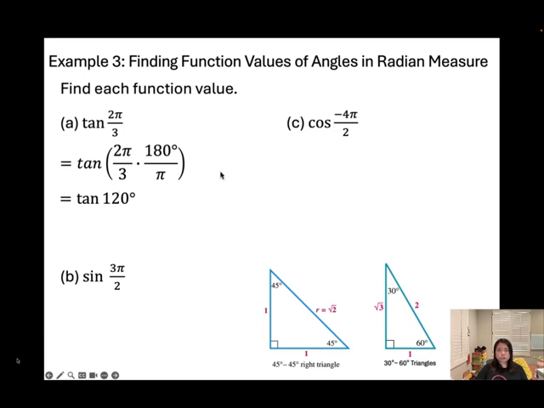So tangent in quadrant 2 will be negative. So I will have an equal to negative tangent, and then we want to find the reference angle. So that will be 180 minus 120, which is going to be negative tangent 60. Okay, tangent 60. Tangent 60 will be opposite over adjacent. So that will be negative square root of 3.